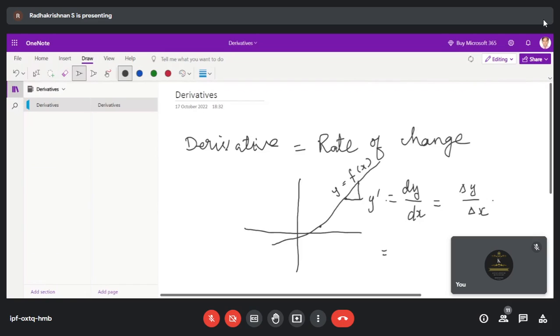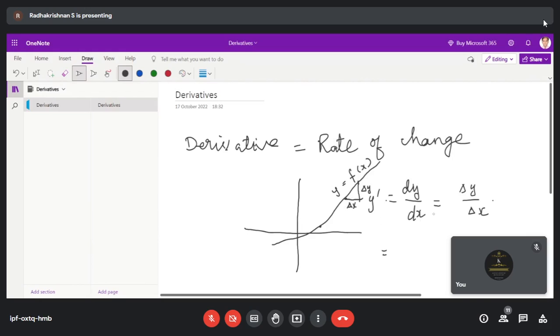So this is delta y, this is delta x. So when x changes by a small amount, how much does y change? And it will depend on the value of delta x. The most accurate value will be when delta x is very small. For the exact on-the-point rate of change, delta x has to be very small. We have to take delta x tending to 0.